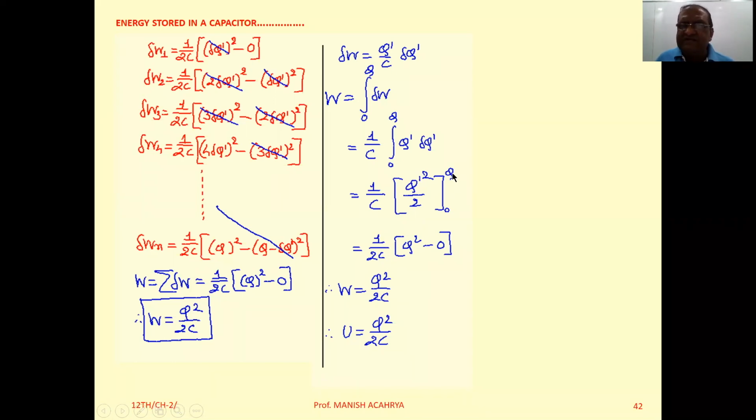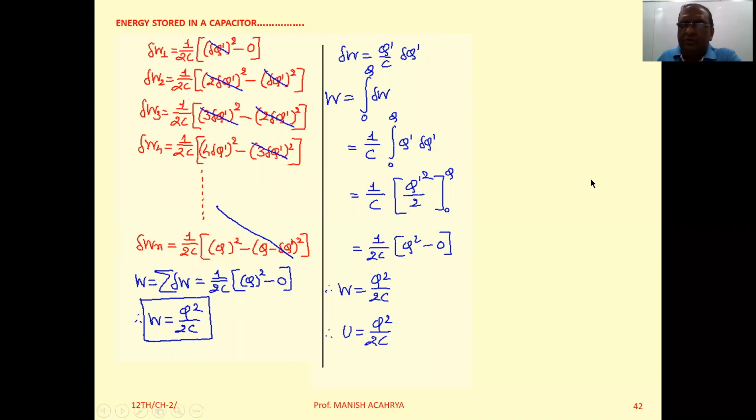Now Q dash equal to Q, the upper limit, minus Q dash equal to 0, the lower limit. So 1 upon 2C into Q square minus 0. So the total work done W is Q square by 2C, and that is stored in it in the form of energy. So the energy stored in the capacitor is Q square by 2C. Simple. Clear?